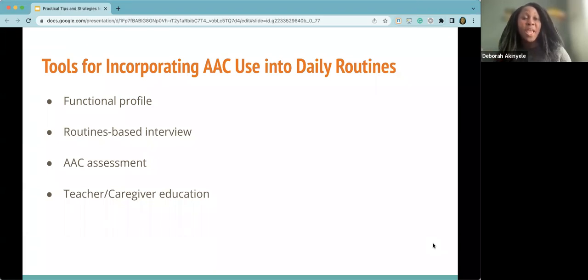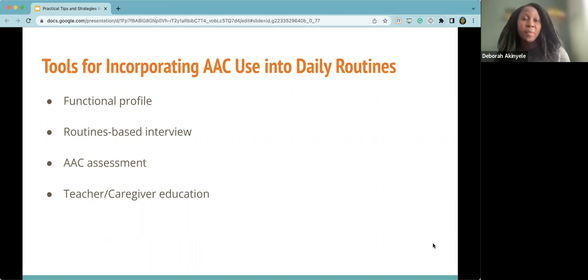And in many cases, when we introduce AAC tools or devices to parents and caregivers, it can create this sense of it just being a tool to help clients to talk or to kind of accelerate their process of communication with people around them.